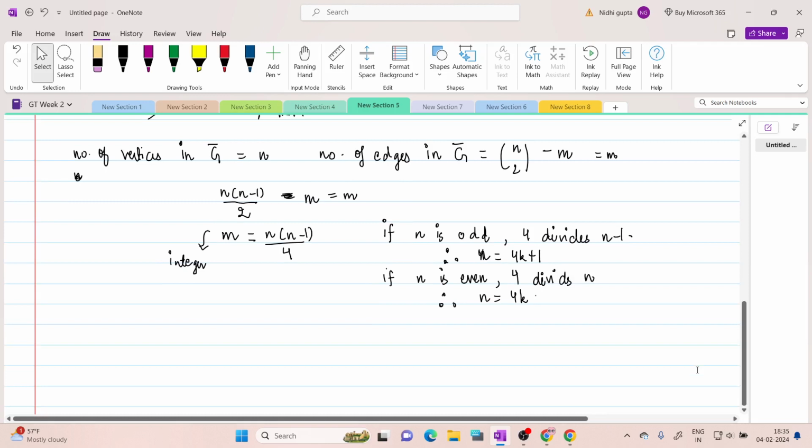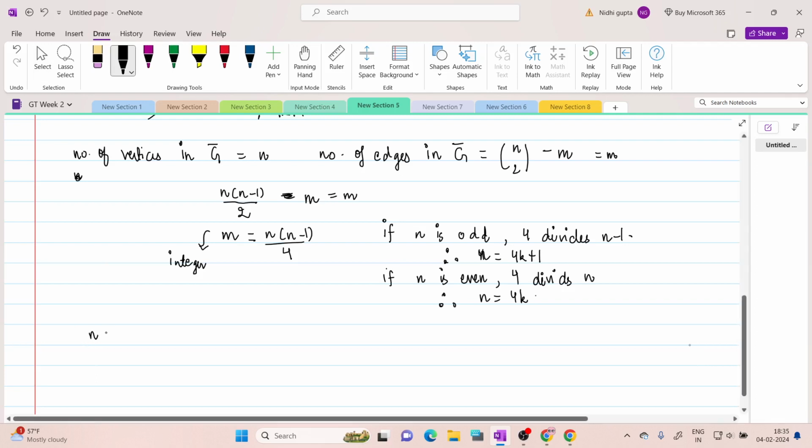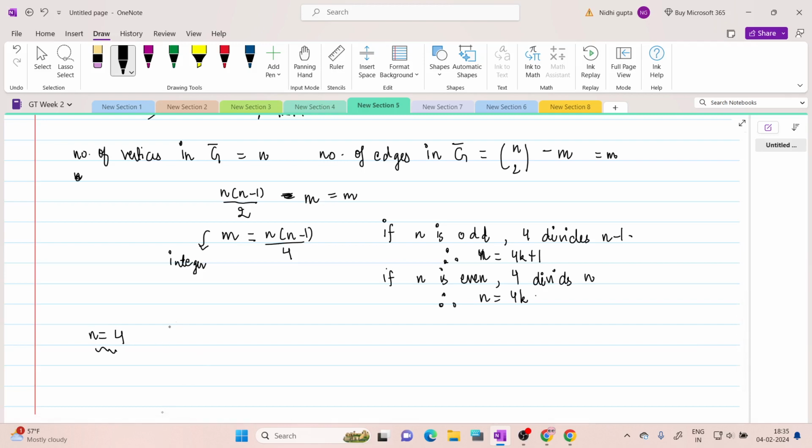Good question. I haven't thought about it, but I think they should not be isomorphic. So first let's try if we can find a counterexample. I think the converse should not be true. Suppose we take n equal to 4. Then how many edges will this graph have?